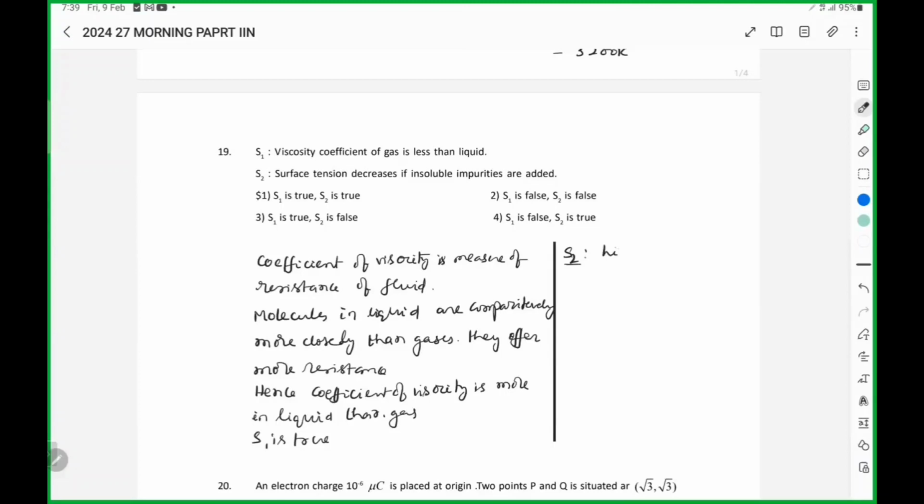Here the liquid surface tends to shrink to the minimum surface area, as much as possible. This tendency, we call it surface tension.